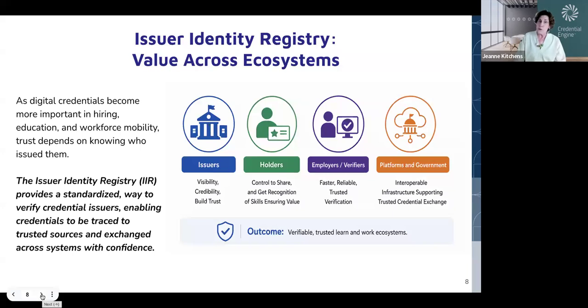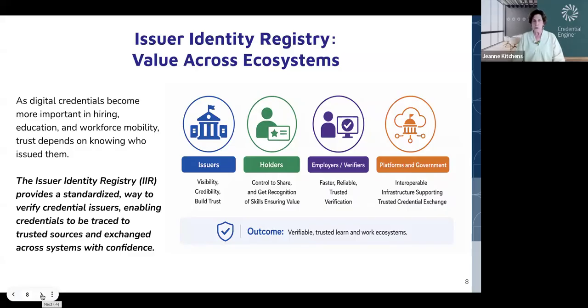The holders of credentials, the people that earn them, we need to make sure that they can control those credentials, they can share those credentials when they want to share them, and that they're getting the recognition and the value that they deserve. We need to make sure that employers are using faster and reliable ways to do verification.